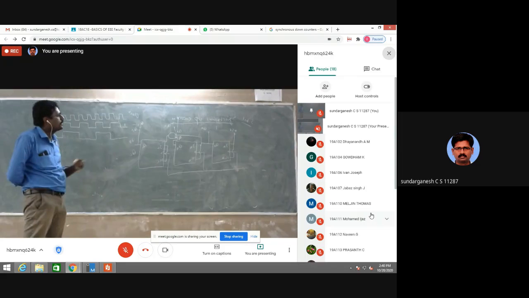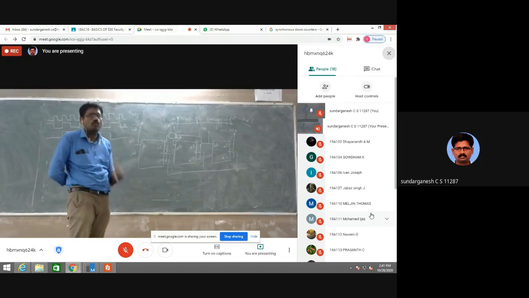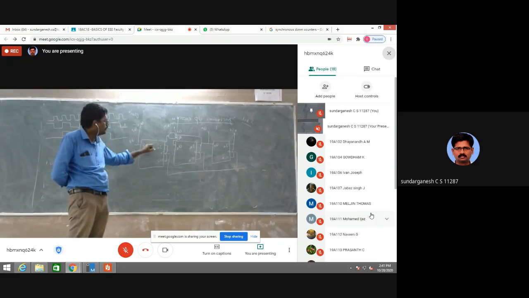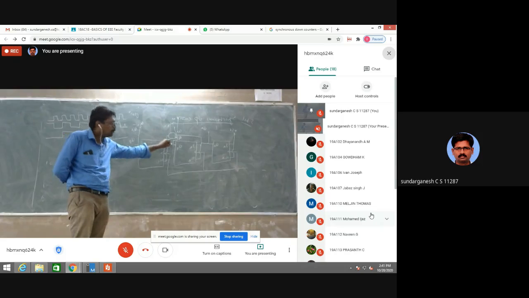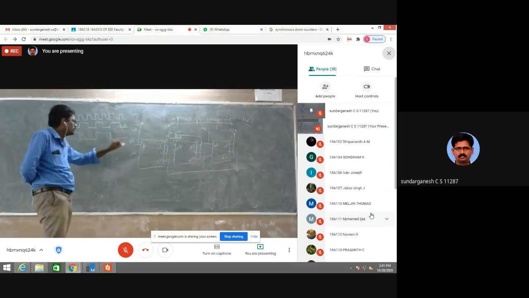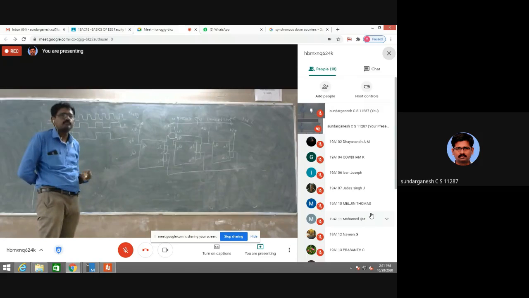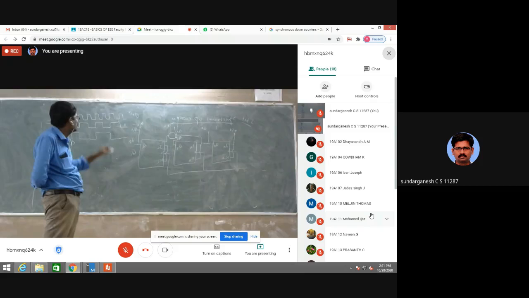QC will toggle the output when JC and KC are 1 and the clock is at the negative edge. For that, QA should be 1 and QB should be 1, and the negative edge of the clock. Then only QC will toggle its output.